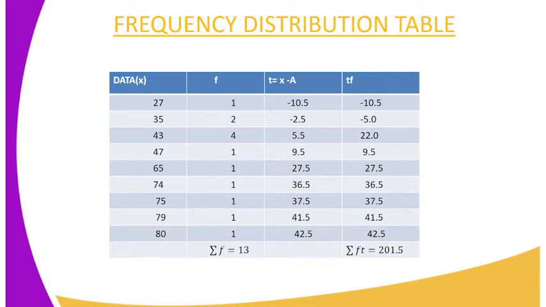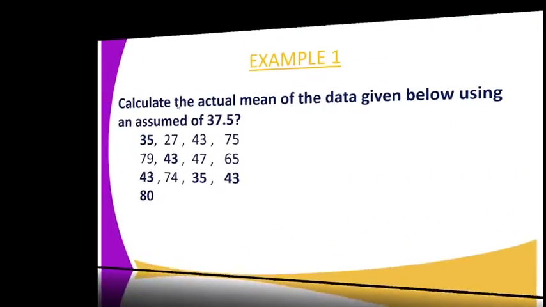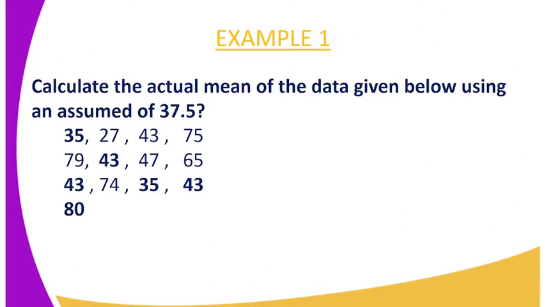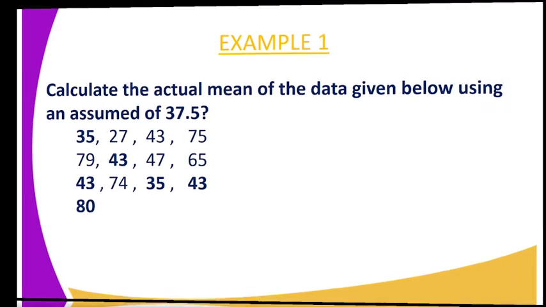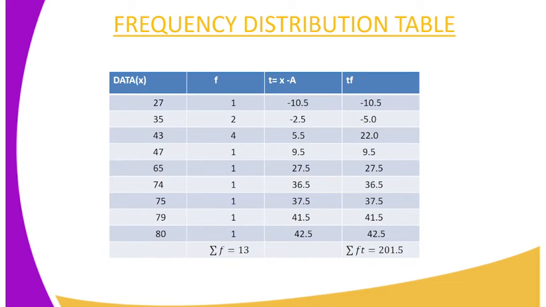Then you go to the third column, where we have the t. T in this case means deviation, and you fill the t column as follows. You take x, that is 27, and subtract the assumed mean which was given in the data, 37.5, and you will get negative 10.5.